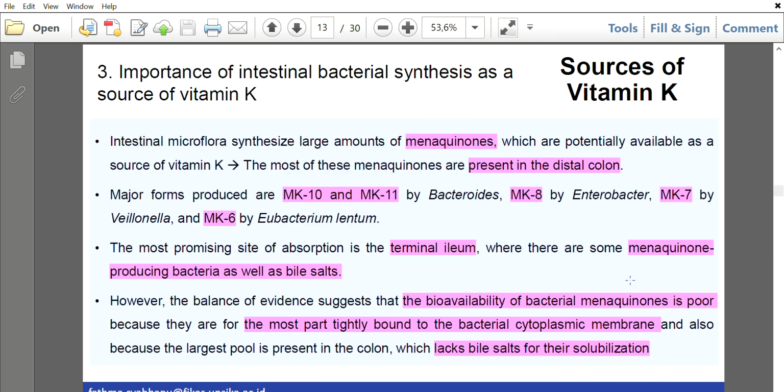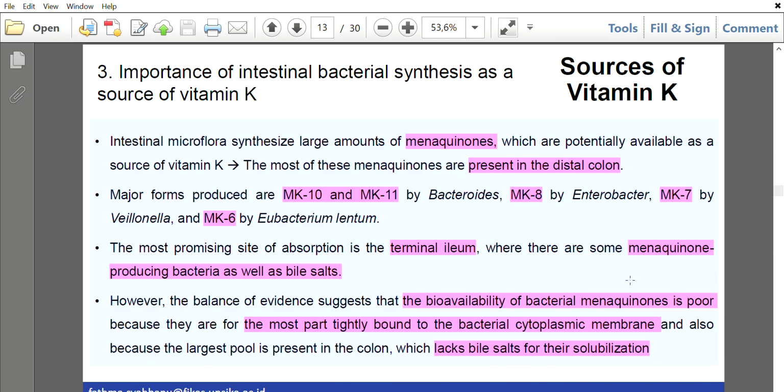The widespread presence of menaquinones 10 to 13 in human livers at high concentration therefore suggests that this form at least originates from intestinal synthesis. Okay, presence of menaquinone 10 to 13 in human livers at high concentration. So that's why these menaquinones originate from intestinal synthesis.